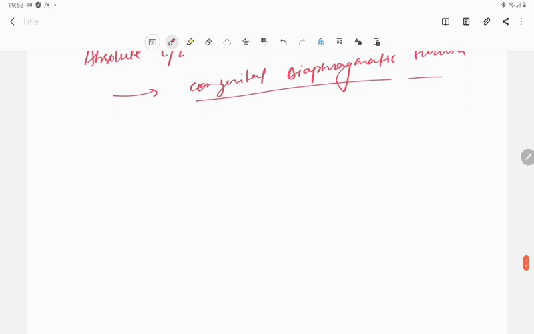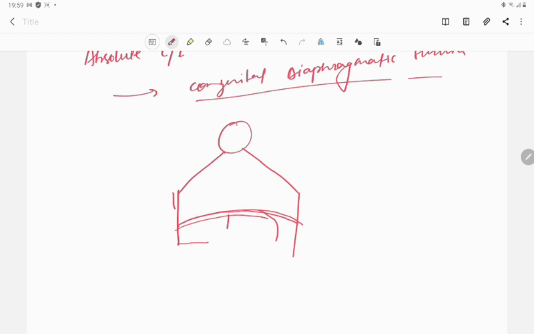So what basically happens in congenital diaphragmatic hernia is that, see, if this is the baby, this is the chest of the baby, so generally there is the diaphragm, right? The diaphragm is completely formed, and here we have the abdominal loops and all those things, and here we have the lungs, right? What happens in congenital diaphragmatic hernia is that these walls are not properly formed, as a result of which these bowel loops go inside the chest.